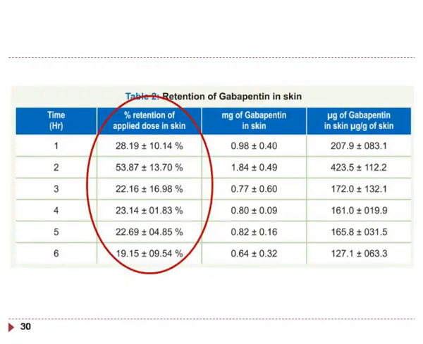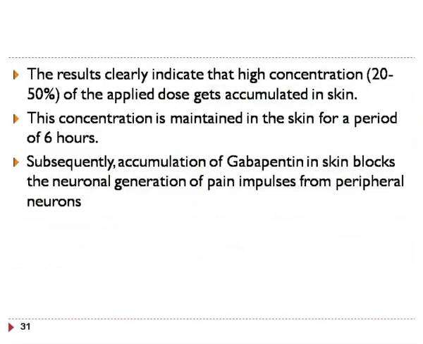And this is the retention of the drug concentration shown in the skin, 28 to 29 in 6 hours. Results clearly indicate that a high concentration of the applied dose gets accumulated in the skin, and the concentration is maintained in the skin for a period of 6 hours. Subsequently, accumulation of gabapentin in the skin blocks the neuronal generation of pain impulses from the peripheral neurons.